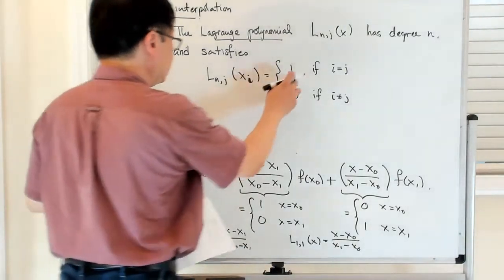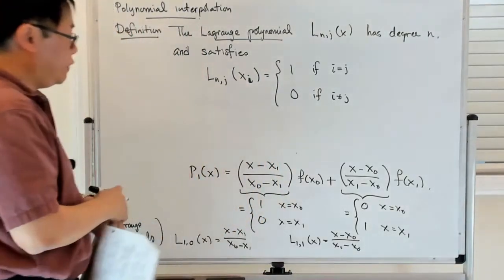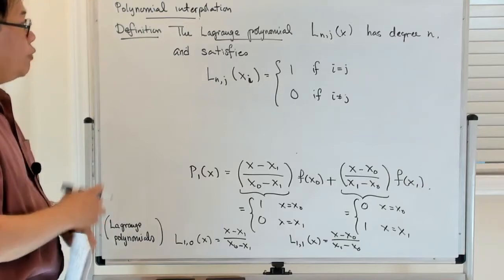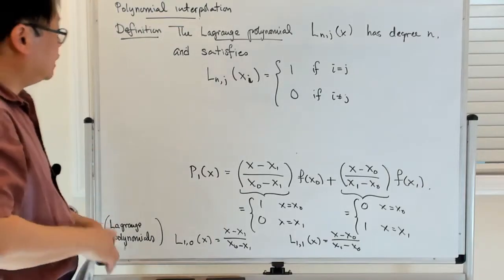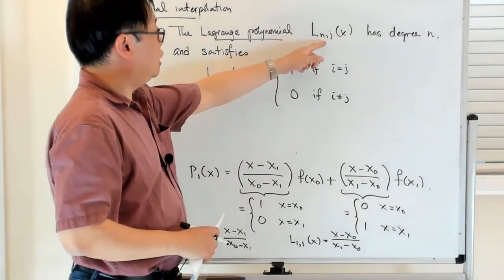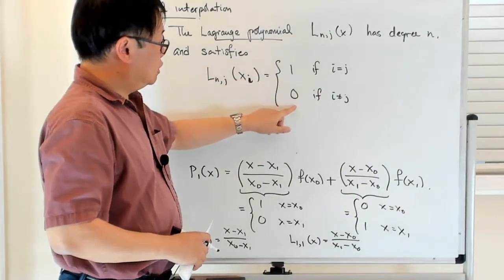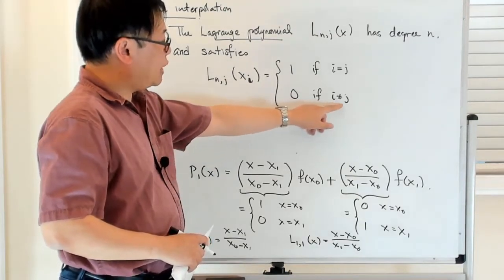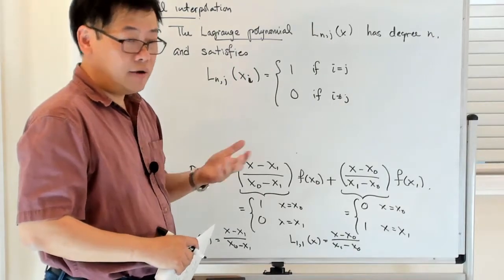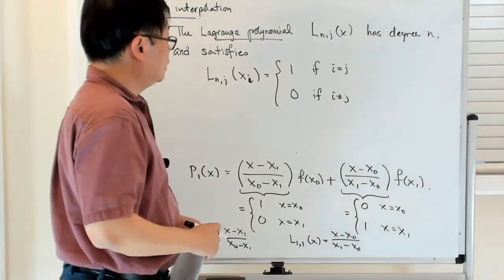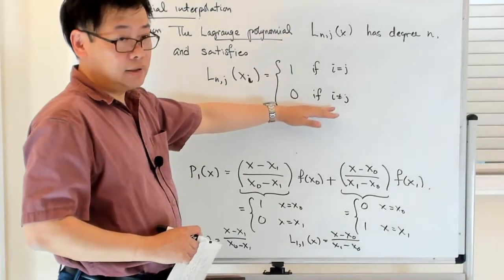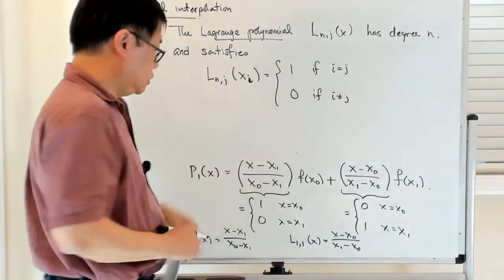So the claim is that with these properties, you have a unique expression for what the Lagrange polynomial has to be. The way you see this is through the fundamental theorem of algebra. If you have a polynomial of degree n, the condition that it vanishes for all i not equal to j means that I know n roots. So this polynomial is defined up to a constant by just its roots.